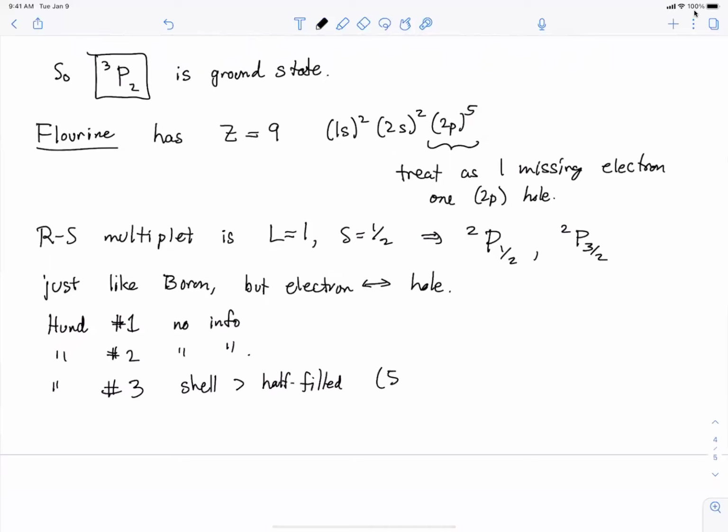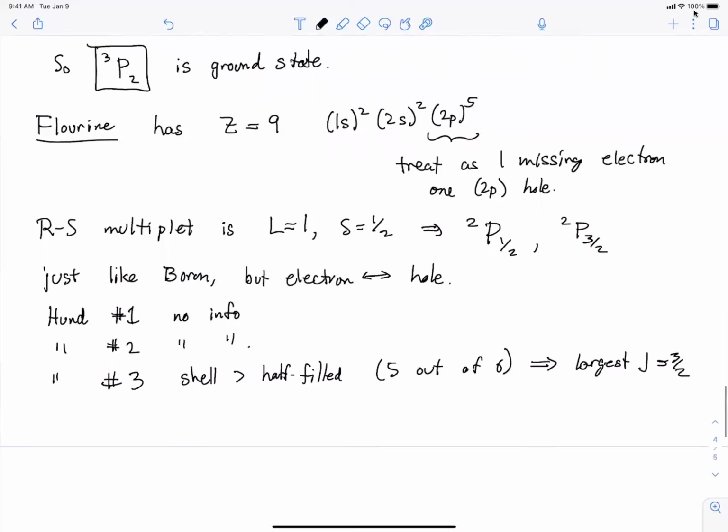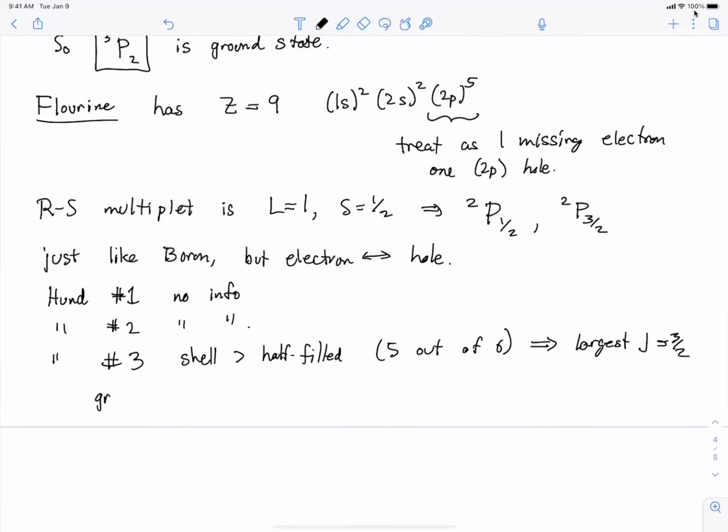Namely, there are 5 out of 6 in the P shell. And so we should choose the J that's the largest, which is 3/2. Okay, and so the ground state is the 2p3/2.